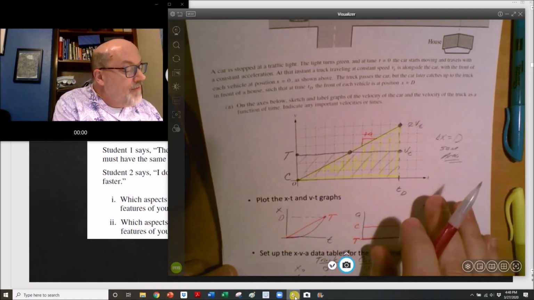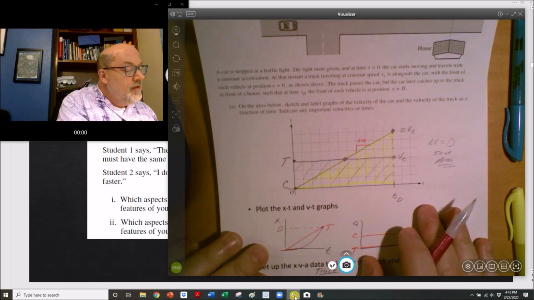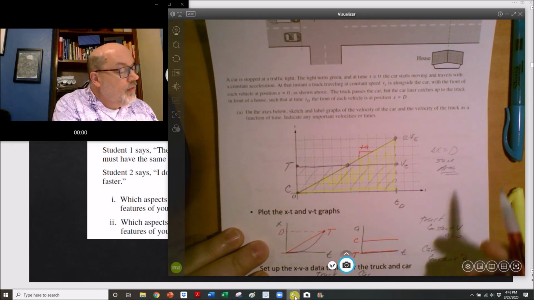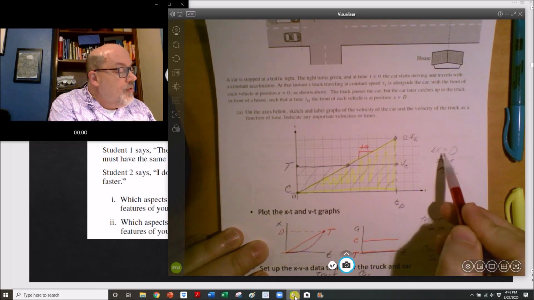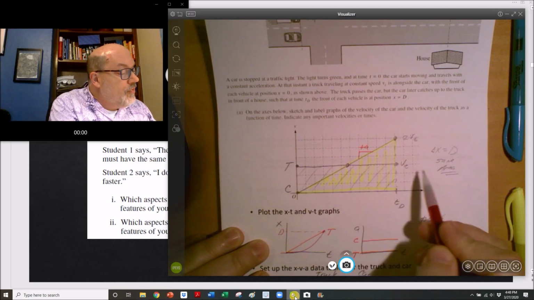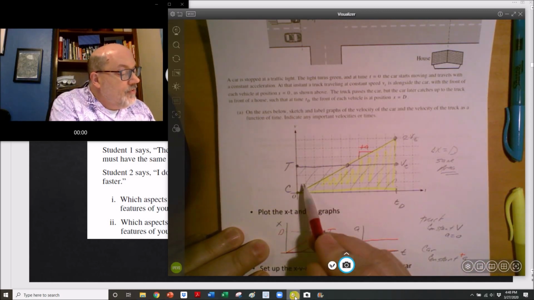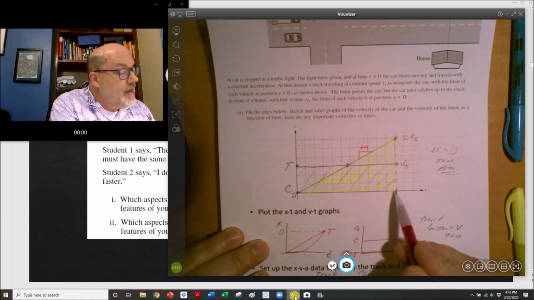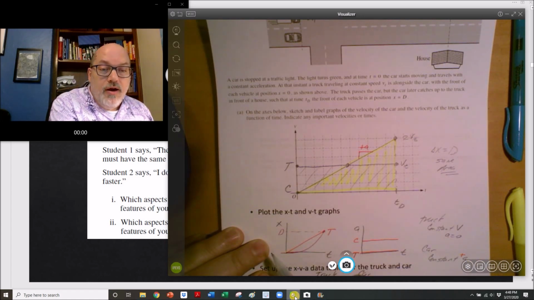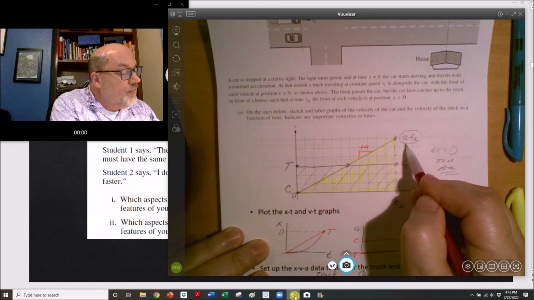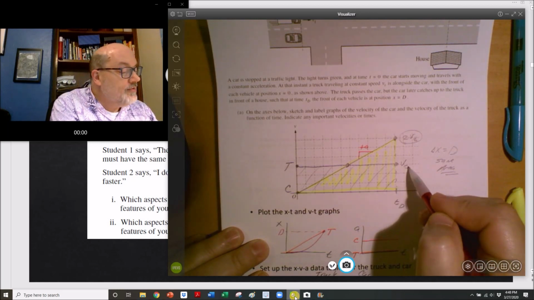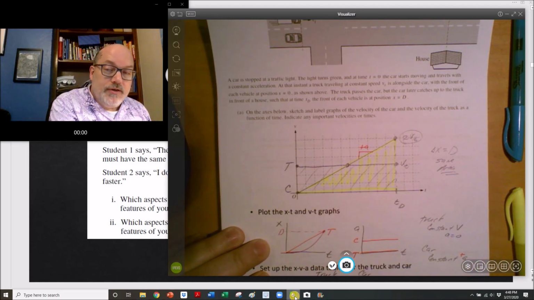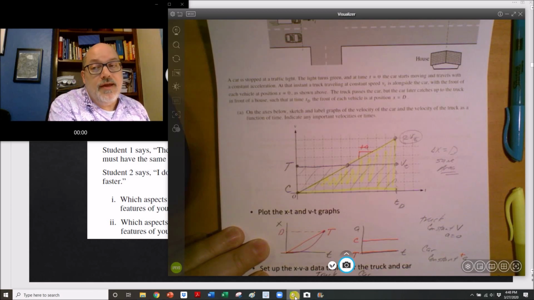But here's my graph. How can I tell distance on here? Well, remember, that's the area. So that's this shaded stuff. So the shaded area for the truck has to equal the shaded area for the car, and that's why we know this final velocity has to be twice as large as this one, so that the geometry works out, so they're the same exact area.